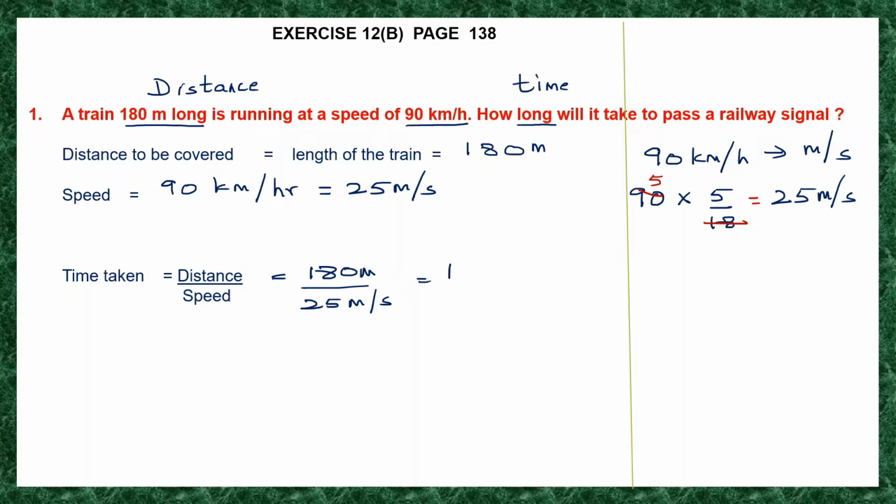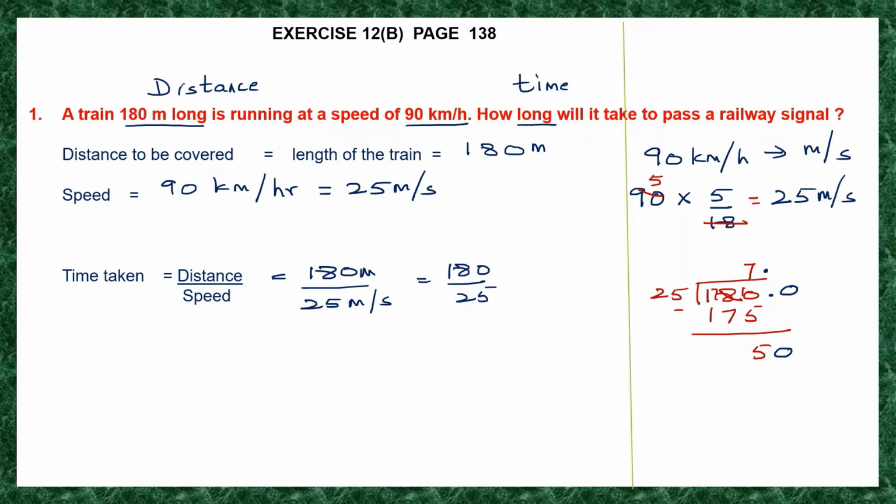Now let's divide 180 by 25. So 180 divided by 25. 25 into 7 is 175 minus, so here when I minus I get 5. Now I can carry on with my division by putting a point, carry the point up, putting a 0 and I can bring that 0 down.